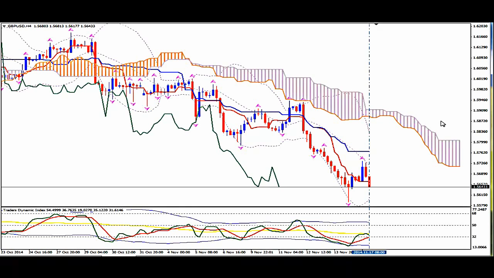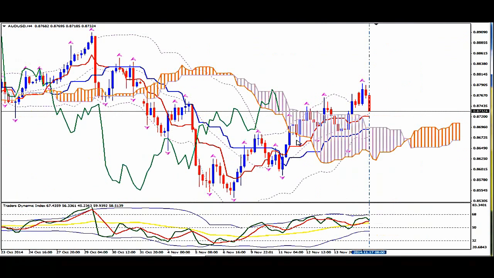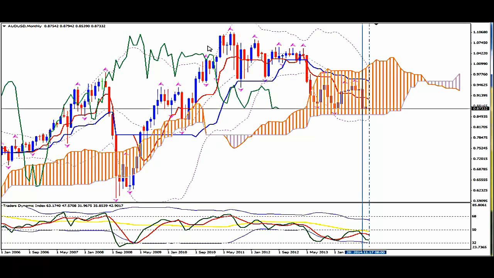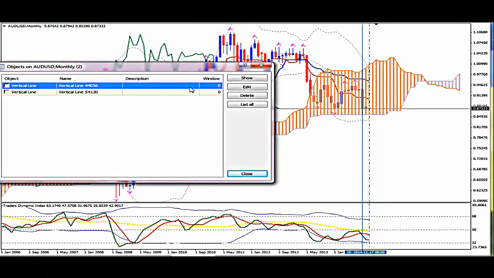Let's move to the next pair. Let's go to AUD-USD, and here, starting from the monthly time frame, let me remove my lines again.